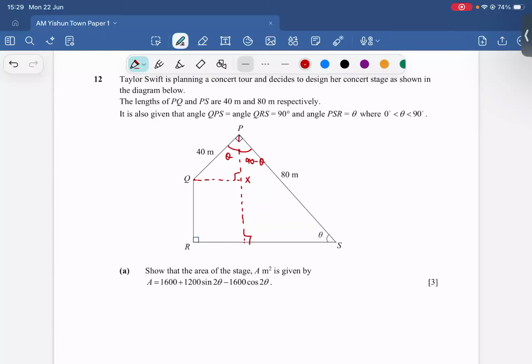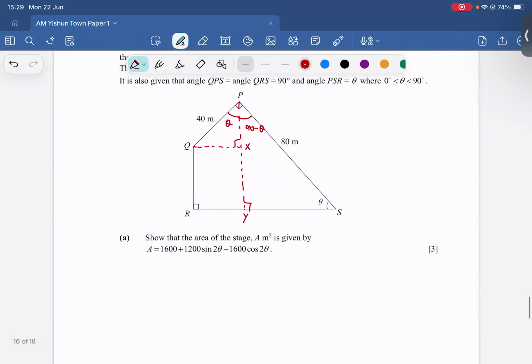We label this as x, this as y. So let's find the angle. Find what first? Find the area. I need half times base times height and all this.